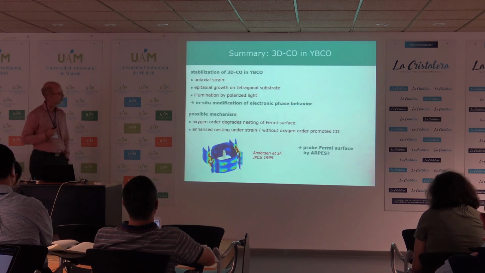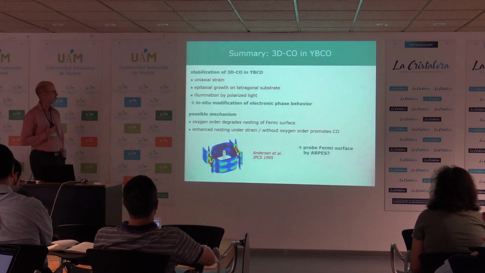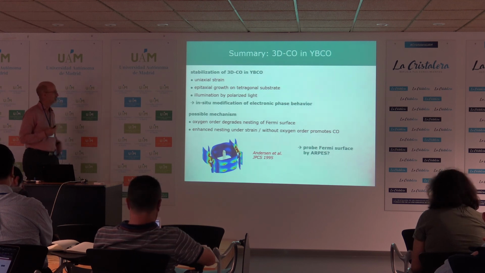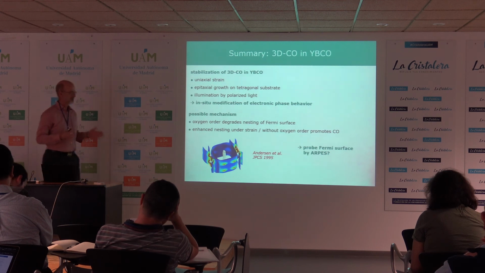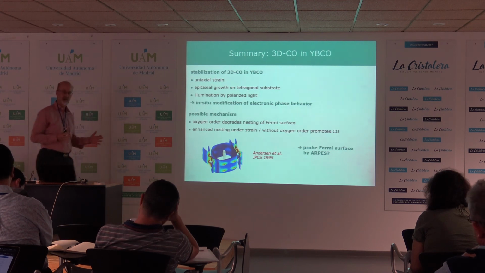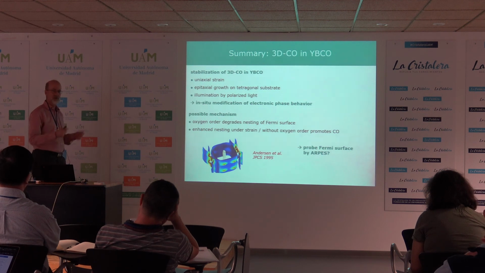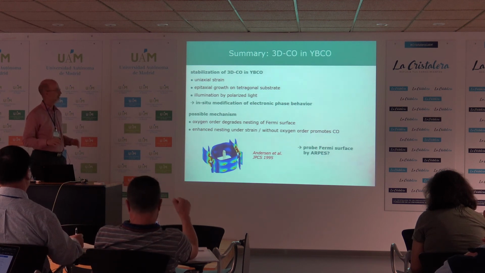Just some thoughts on the mechanism of why is 3D charge order stable in these films and not in the crystals. Well, one mechanism that may contribute is that the substrate is actually tetragonal, so the films that go on top, up to a certain thickness, are also tetragonal, so not really orthorhombic.